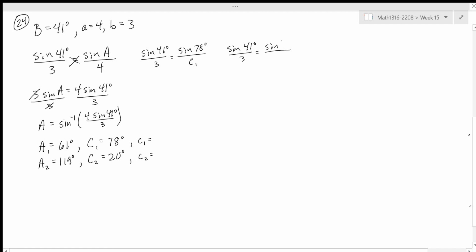And we're going to use sine of 20 to get little c2. 3 sine 78 divided by sine of 41. 3 sine of 20 divided by sine 41.